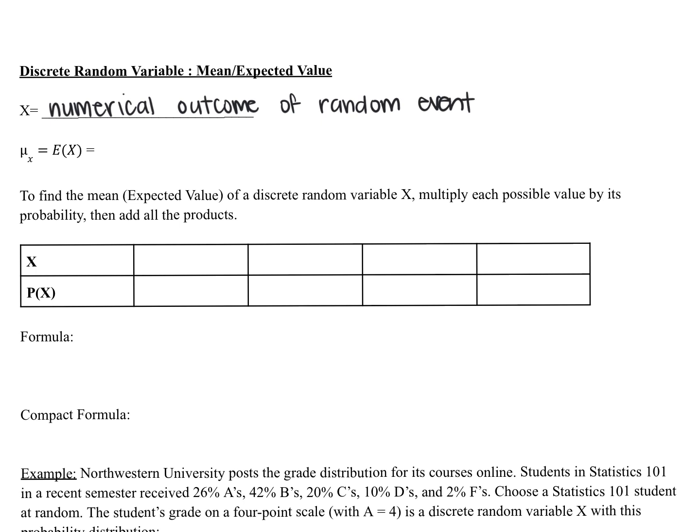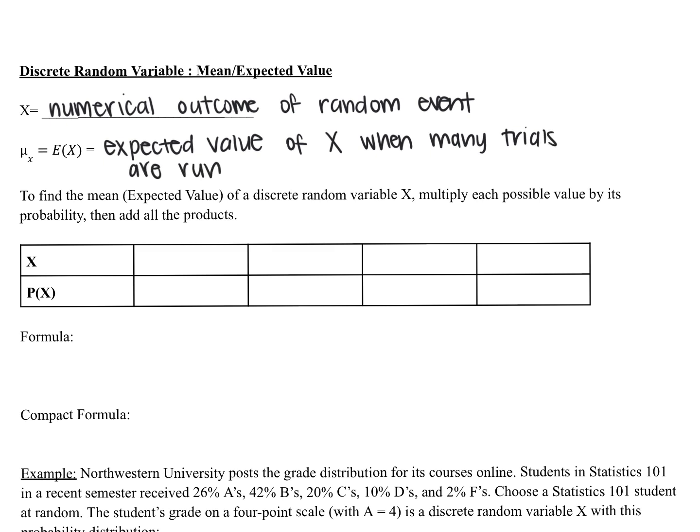And instead of using our symbol for mean, mu, we use E of X, and it stands for expected value of X when many trials are run. So expected value is the same thing as mean. However, we don't calculate it the same way we would a traditional mean, which is why we use expected value, because there's a different way to calculate it.